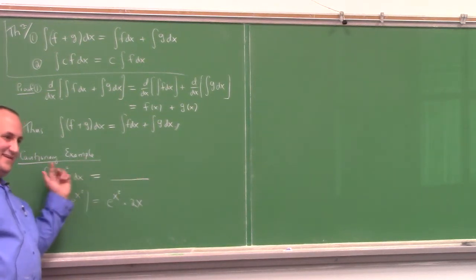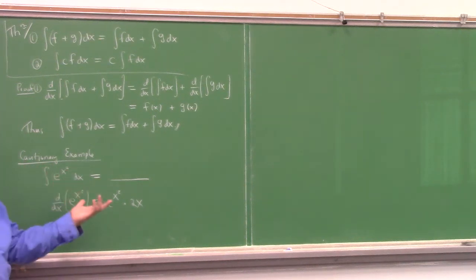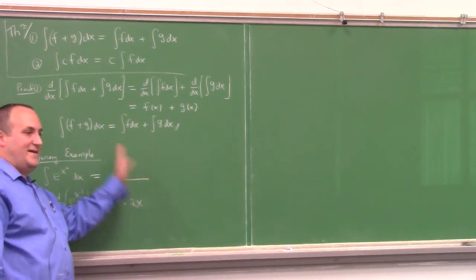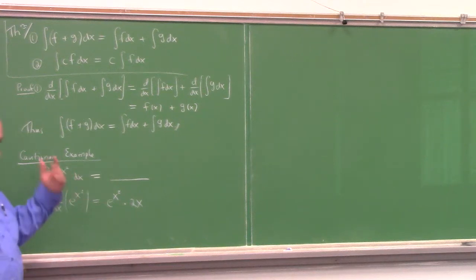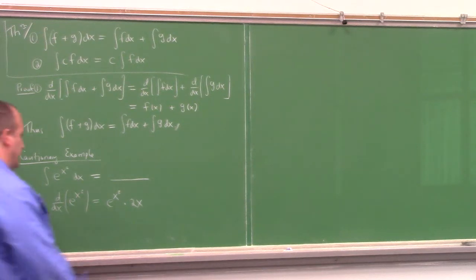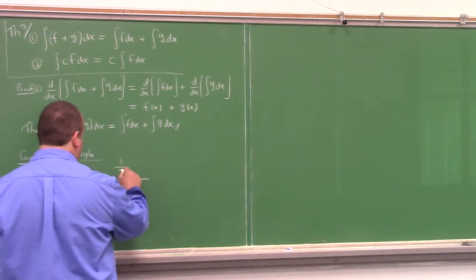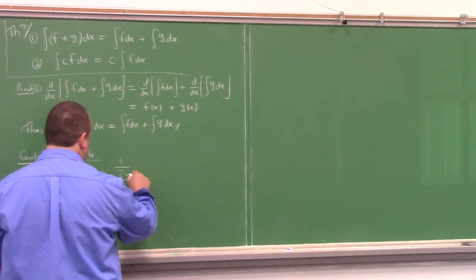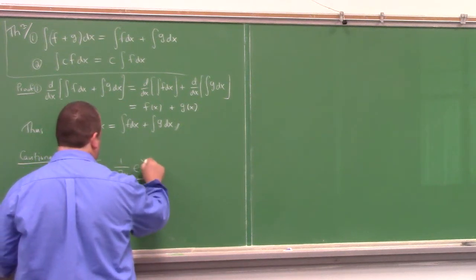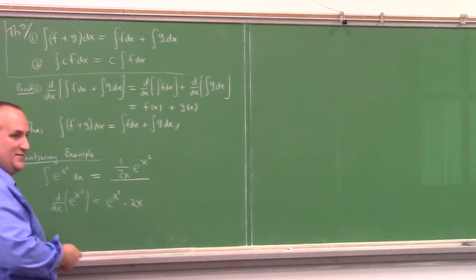It's not like having a number, right? If it was just a 2, fine, I just divide by 2, I'd be done with it. But it's not 2, it's 2x. What happens if I try to divide by 2x, 1 over 2x times e to the x squared? Well, that doesn't work, right? What happens when you divide by 2x?